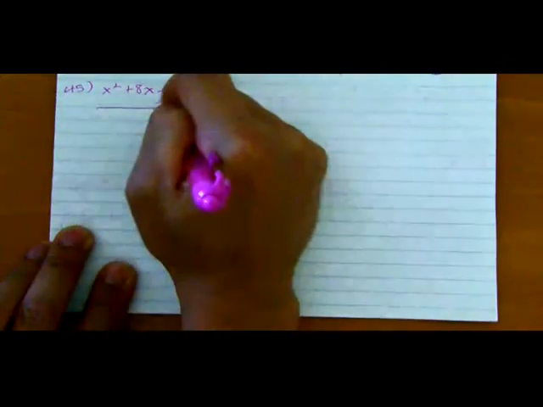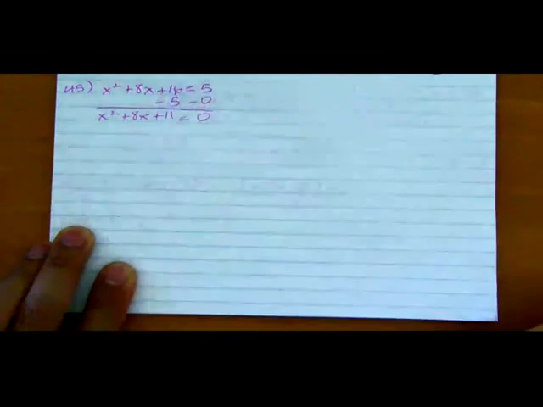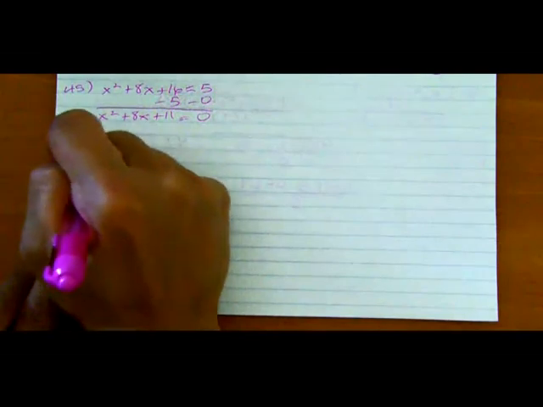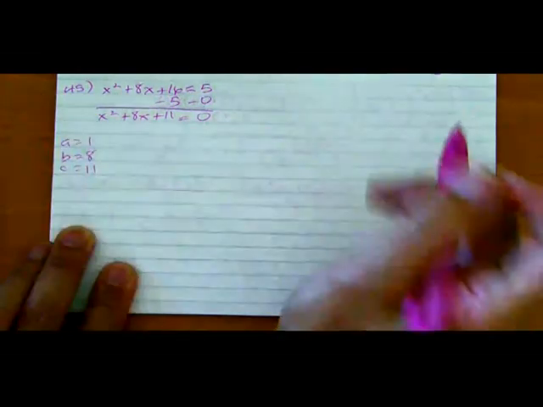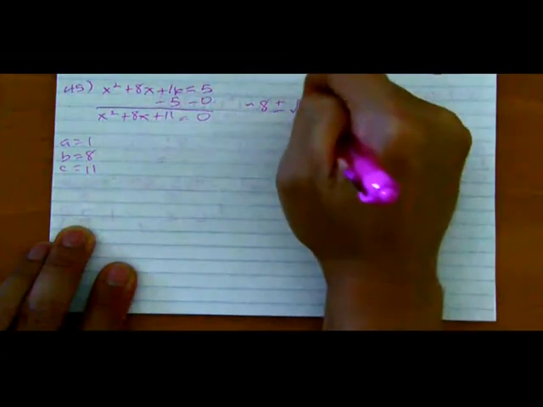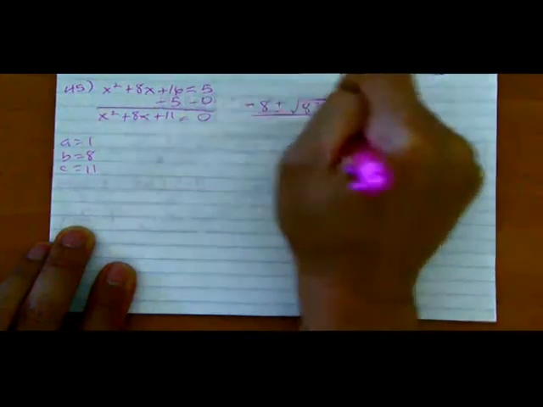Get it in standard form. So x squared plus 8x plus 11. A is 1, B is 8, C is 11. Negative 8 plus or minus square root of b squared minus 4ac over 2a.